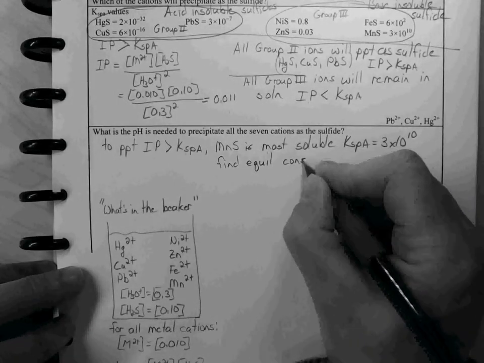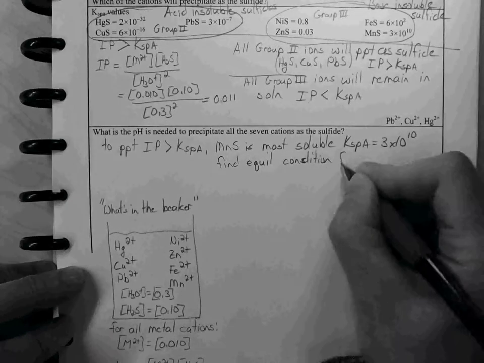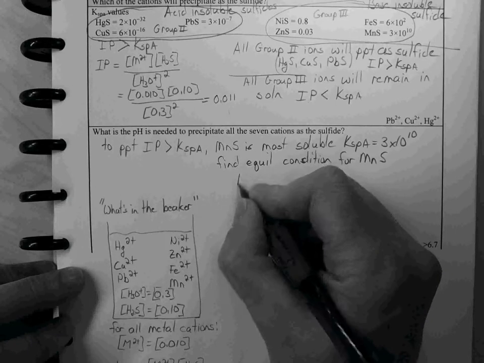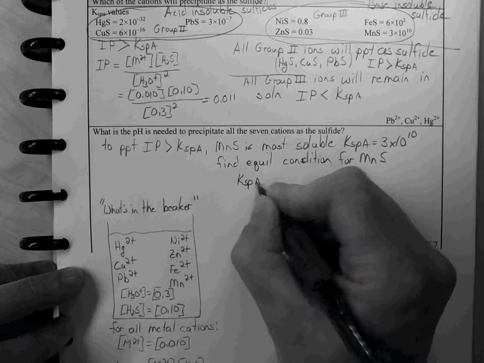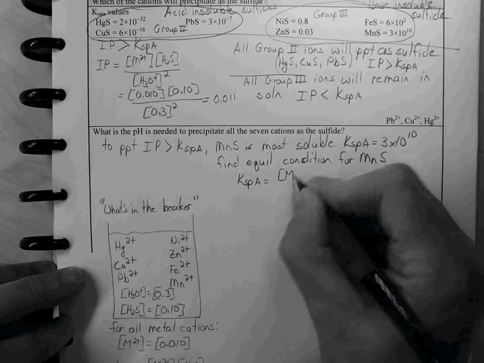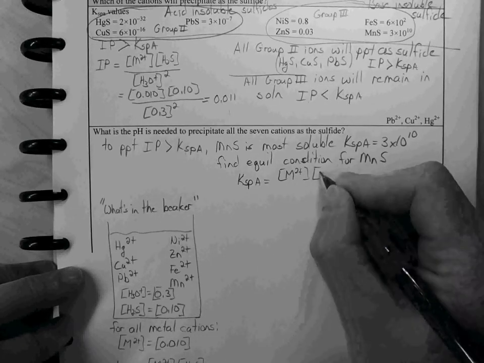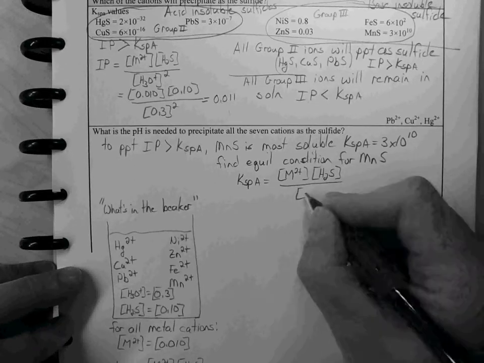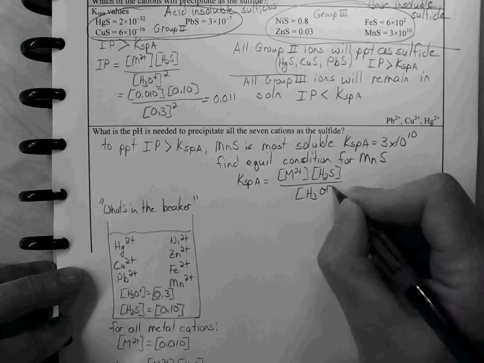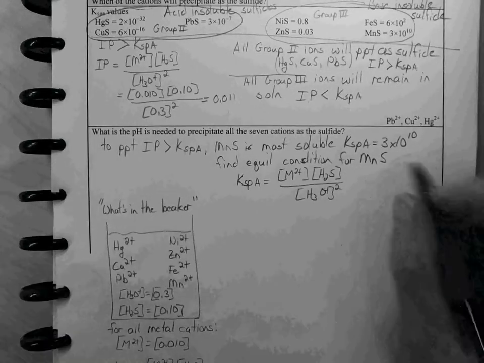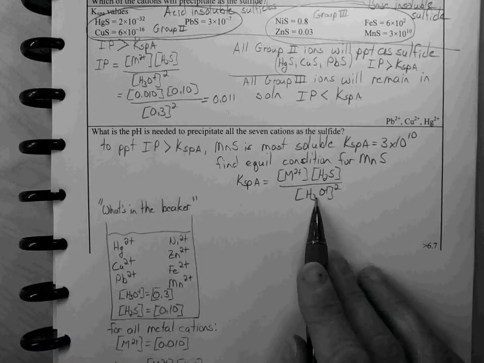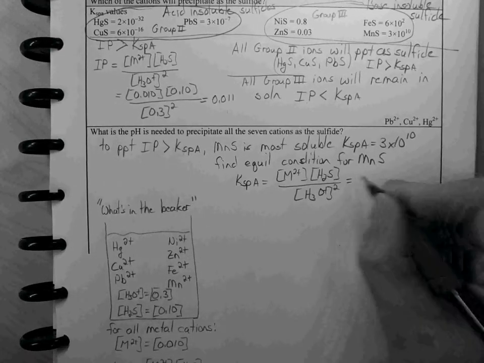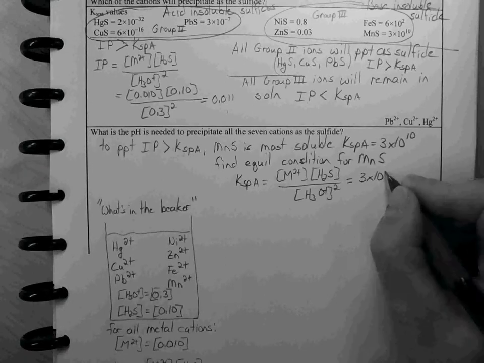Alright, so we need to find conditions in which, let's start by finding the equilibrium condition for our manganese sulfide. Okay, so we would have KSPA has to be equal to M2+ times H2S divided by the H3O+ quantity squared. Okay, so what we want to find is what H3O+ ion concentration is required for this to equal 3 times 10 to the 10th.